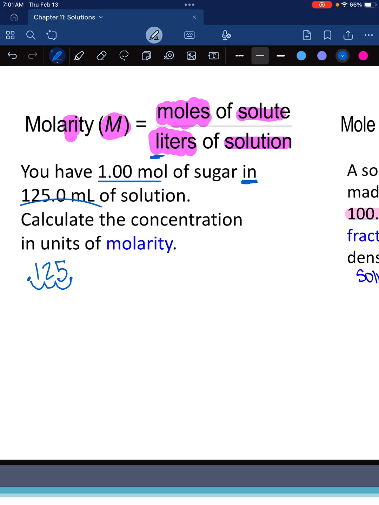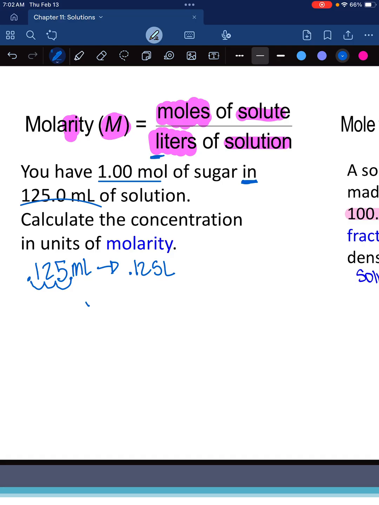So multiplying or dividing by 1000. So 125 milliliters goes to 0.125 liters. And then you leave your 1 mole of sugar the same because we are using moles.